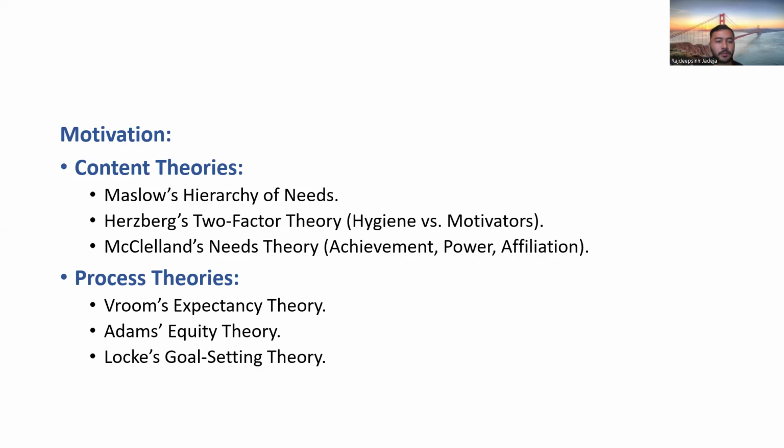Content theories include Maslow's hierarchy of needs, which we all know about, Herzberg's two-factor theory, which focuses on hygienes and motivators, and McClelland's need theory, which focuses on achievement, power, and affiliation need. And the process theories include Vroom's expectancy theory, Adams' equity theory, and Locke's goal setting theory.